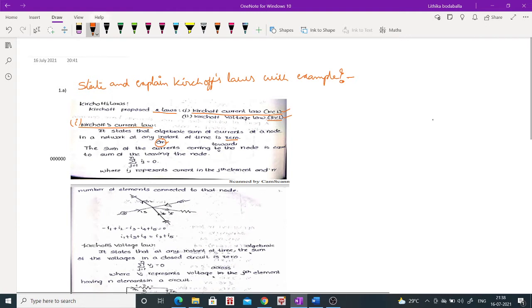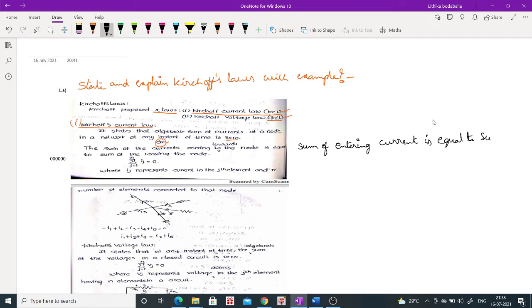Otherwise, I can define this as the sum of entering currents is equal to the sum of leaving currents at a node.